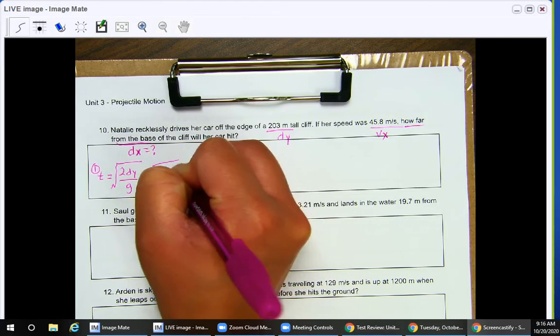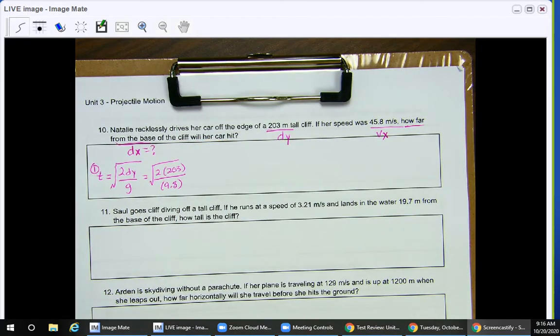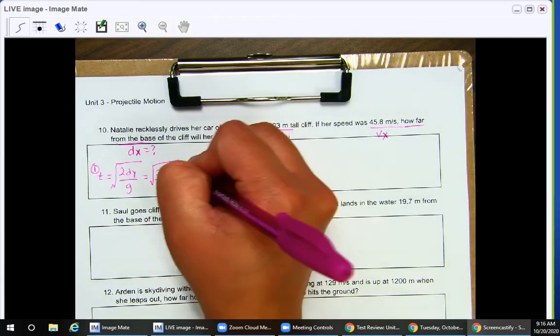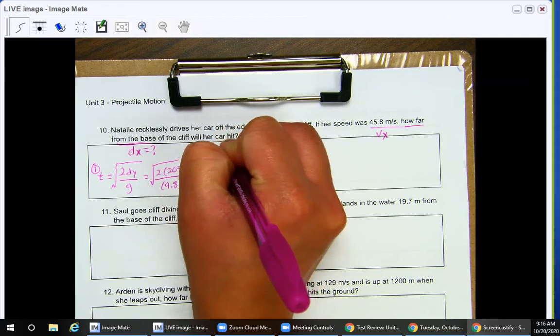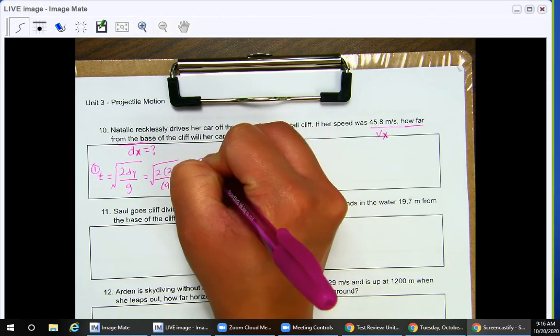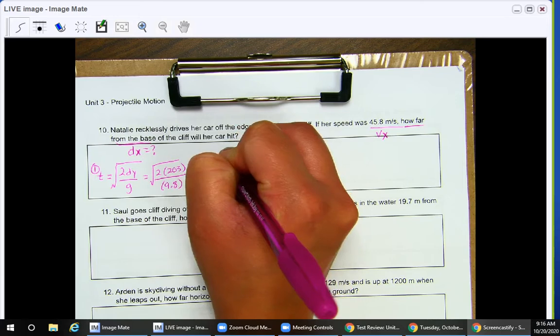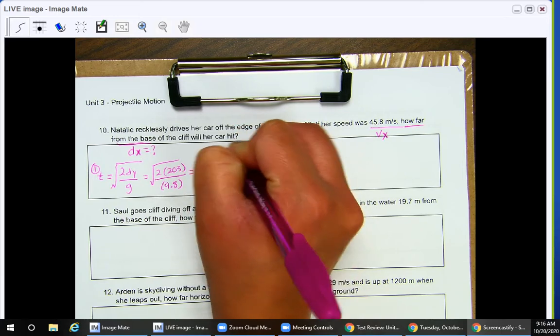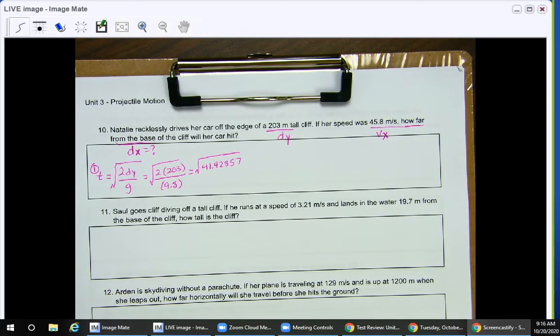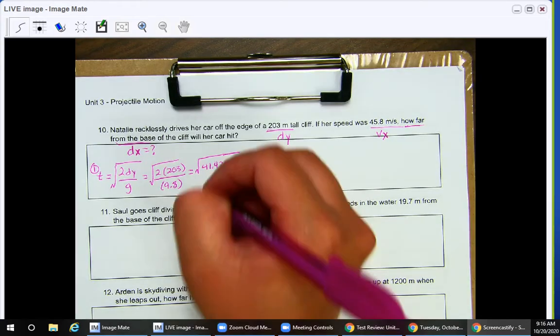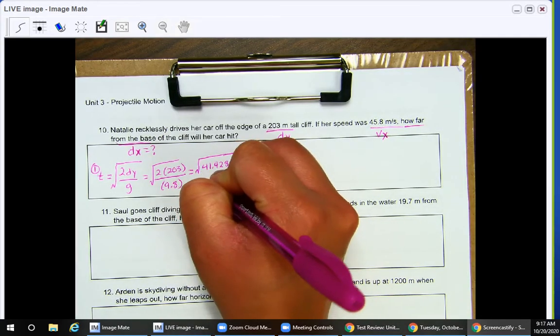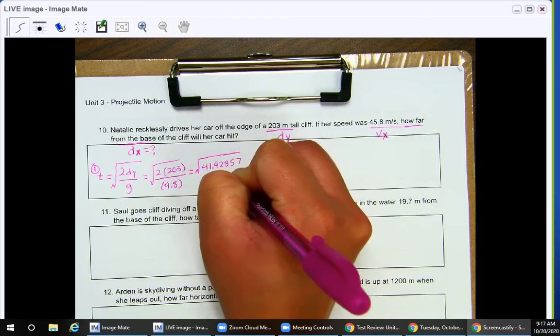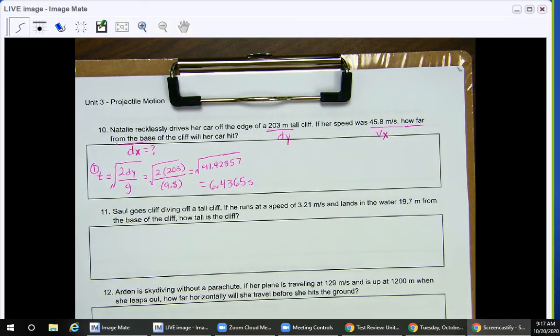Remember, don't put negatives under a square root. 2 times 203 divided by 9.8. We're going to have the square root of 41.42857. And when you square root that number, your time is going to be 6.4365 seconds. Again, that's not your final answer, that's just time.